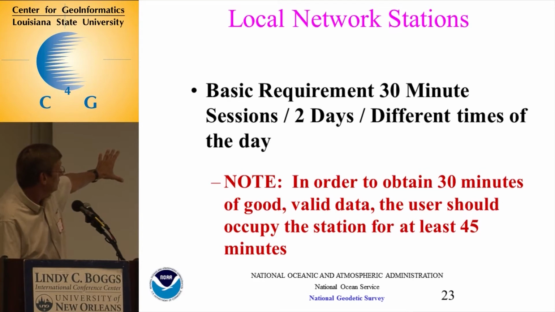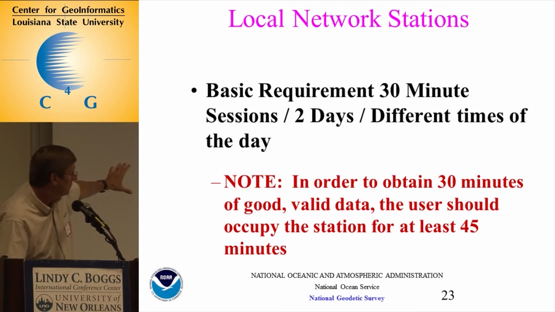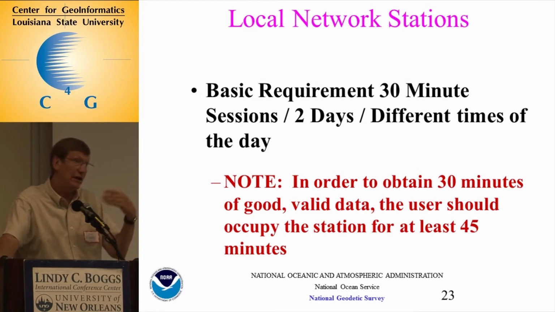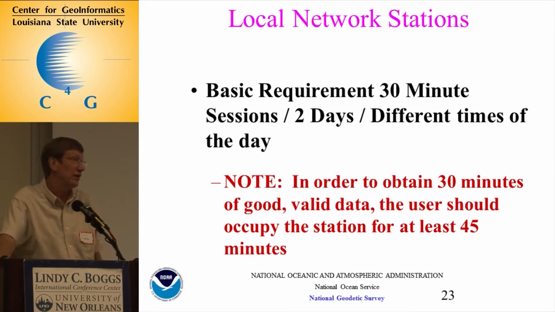So I want to make a note about this because I kept talking about 30 minutes. In order to obtain 30 minutes of good, valid data, the user should occupy the station at least 45 minutes. Now, when we did these guidelines, I involved a lot of local users, a lot of local surveyors. And they kept pushing back on me. You shouldn't tell me that I've got to use 45 minutes a day. In the beginning I was saying, hey, if it's me, I'd use 45 minutes to an hour because of just logistics.